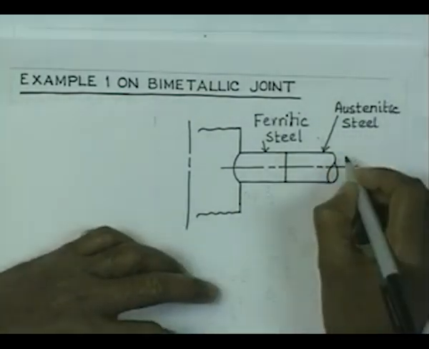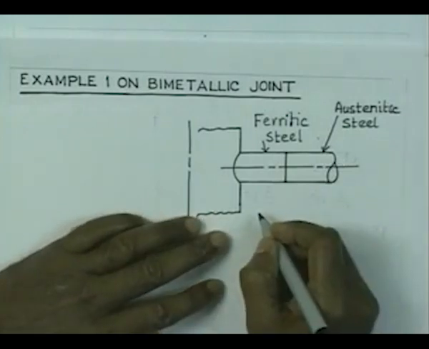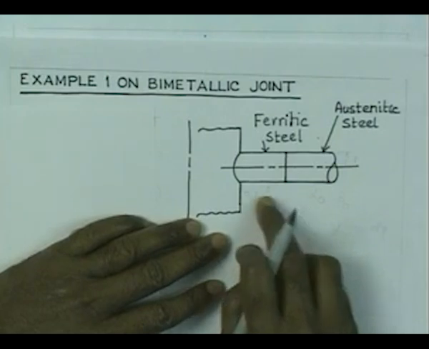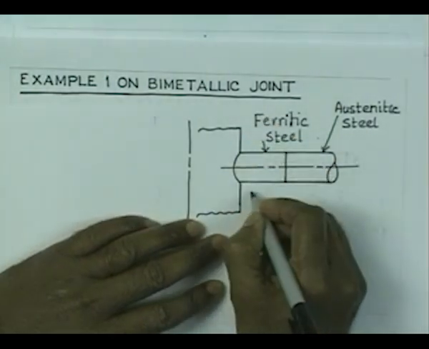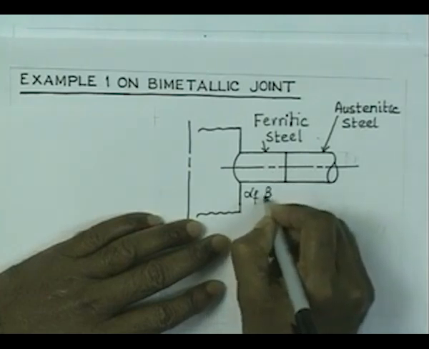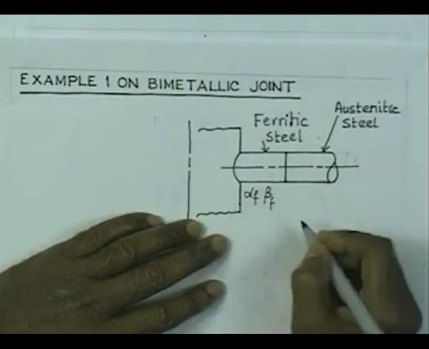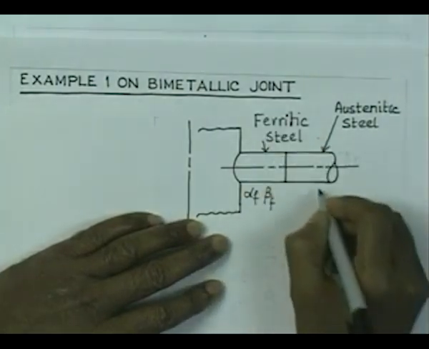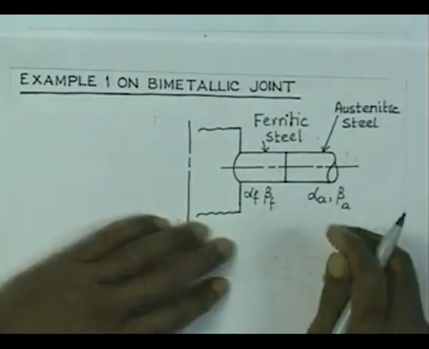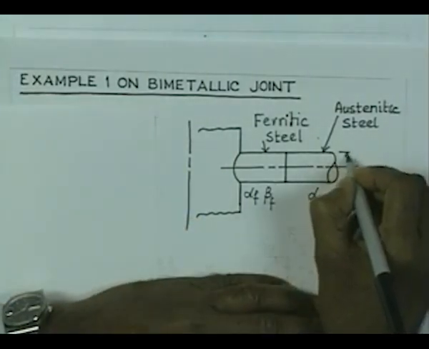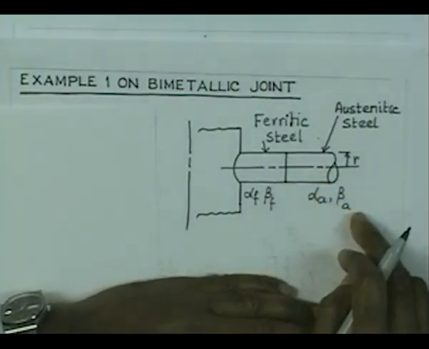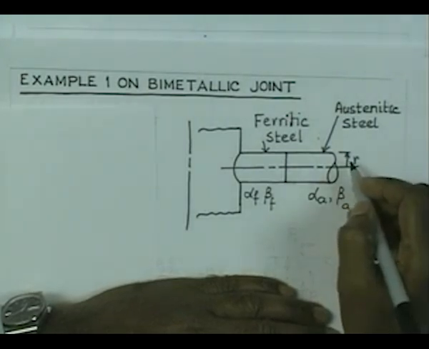You will find that the coefficient of thermal expansion and this factor beta F, if I consider that the thermal coefficient of expansion for this segment, let us say, is alpha F and this beta factor is nothing but beta F, so as to indicate it is ferritic steel, and this side we are going to have alpha A and beta A. The magnitude of the beta factor depends on the thickness of the vessel and the radius of the vessel.